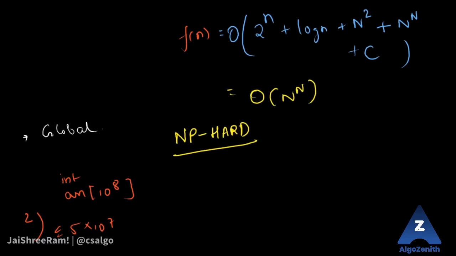Some examples of this would be the traveling salesman problem. There are very standard examples of these, like finding cliques in graphs. There are some problems for which you cannot find complexity of order n to the power c, something like a polynomial, right? And if you can find one, then bingo, you have a paper in your name and a very good prize as well.